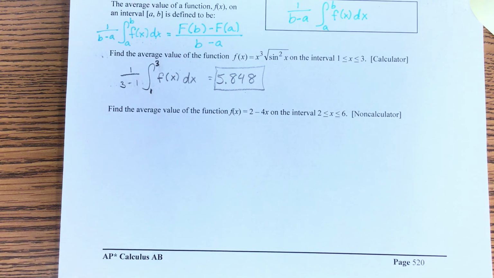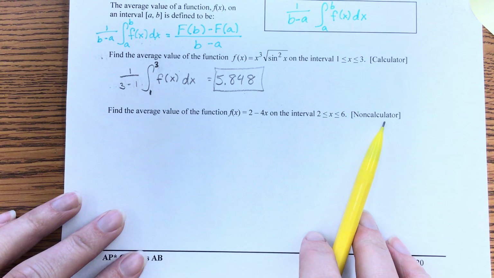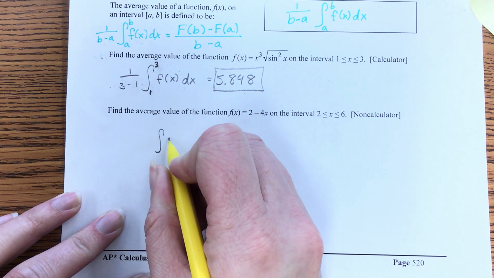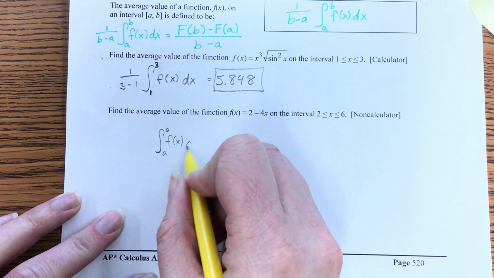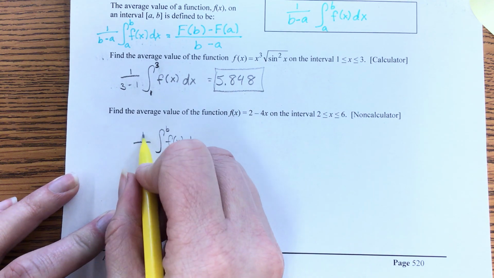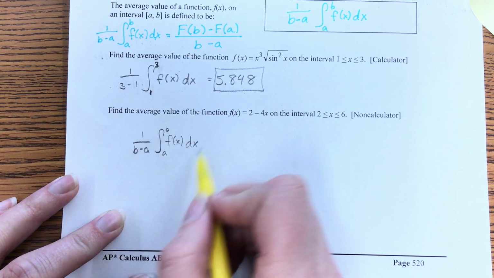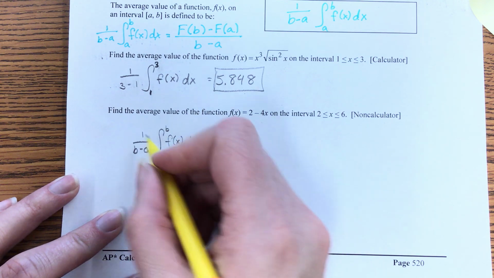Next one, find the average value of this function on that interval, and it's a non-calculator problem. Finding the average value of f of x, so f of x goes in here from a to b. Ooh, gotta put that dx at the end, and then put 1 over b minus a, because you have to divide the area by the width to get the average height.